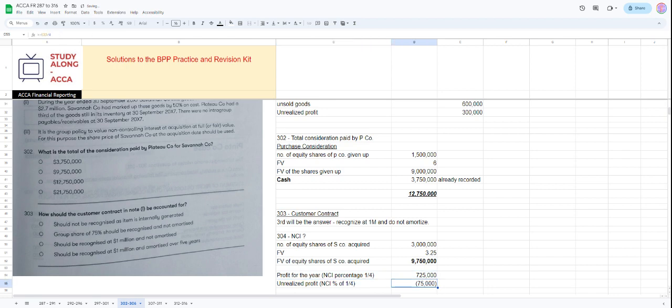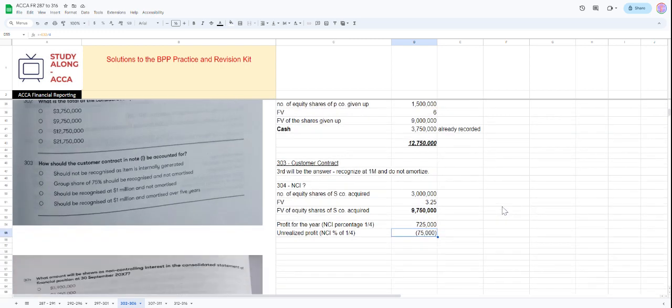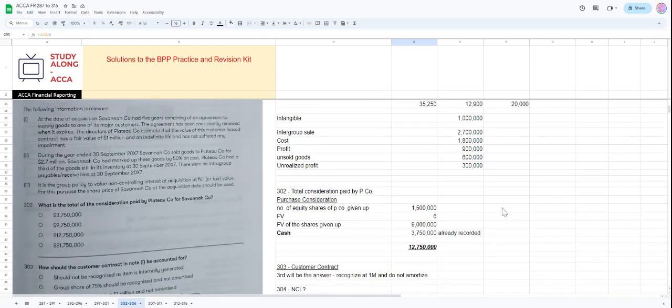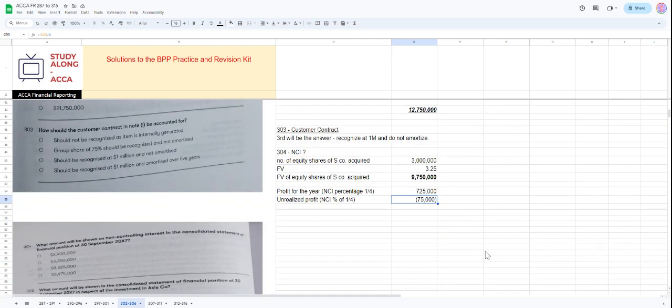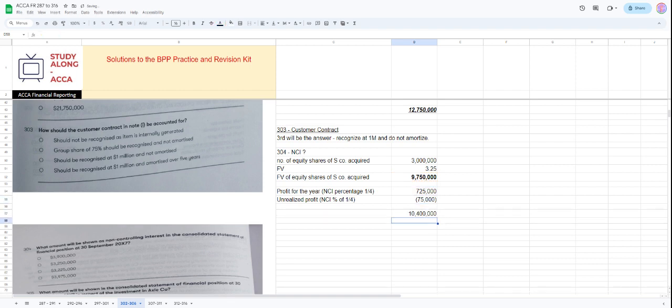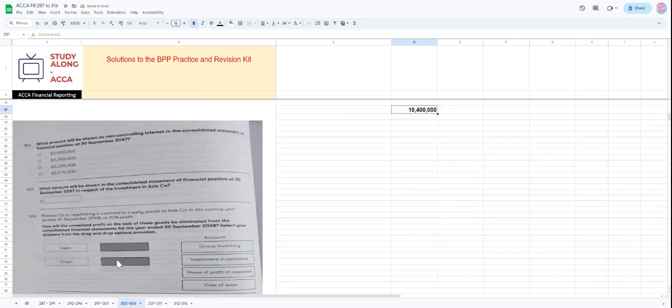So 725, and then unrealized profit is, so they are taking this 300,000 which is the unrealized profit, and they will take their fourth of this thing. So what will be their NCI: 9750 plus this and then minus 75. So I think 10.4 should be the answer for 303.